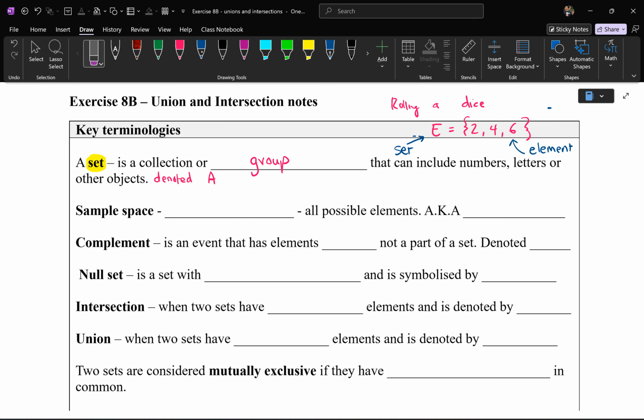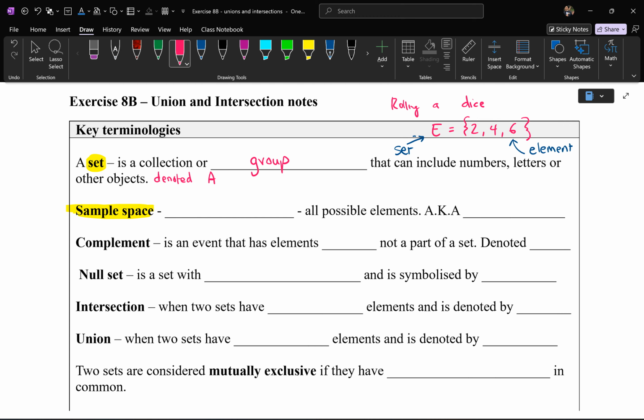Okay. All right, so we now know what a set is. Sample space, which we kind of touched last session. What is a sample space again? Can I please have, let's go with Nishi. What's a sample space? Not sure? Not sure, Andrea?